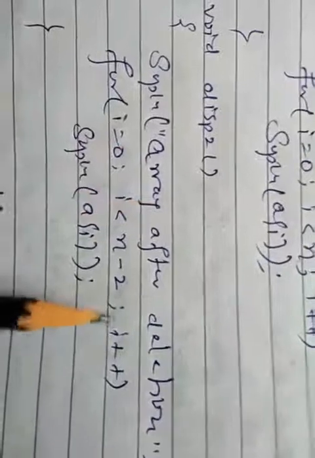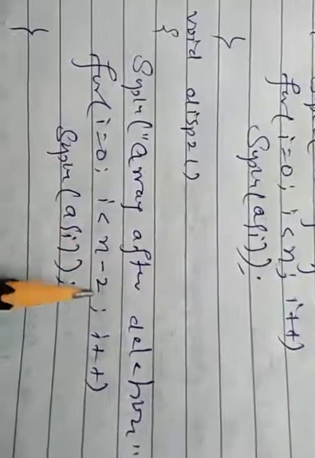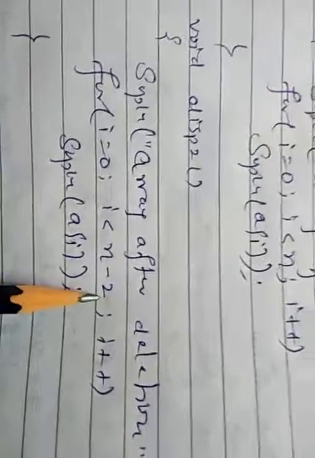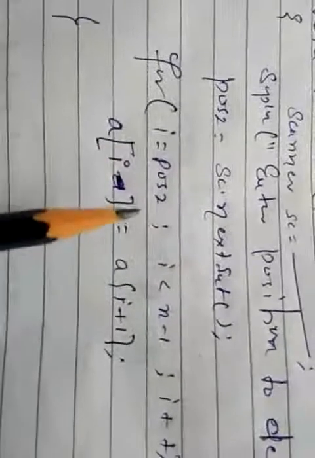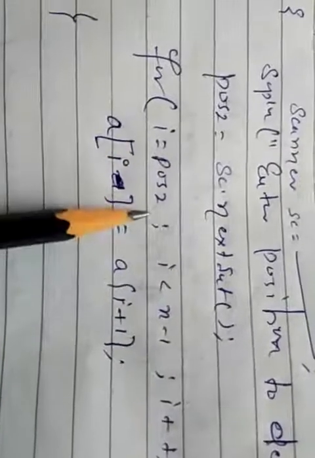Display2 is a function that will display the array after the deletion. So here it will be n minus 2. Now this is the function for remove. First we will enter the position for deleting a number, and the position is in POS2. So this will be i equals POS2.